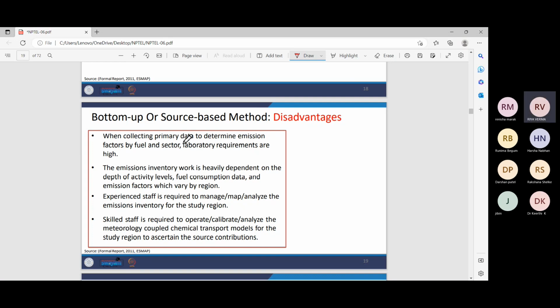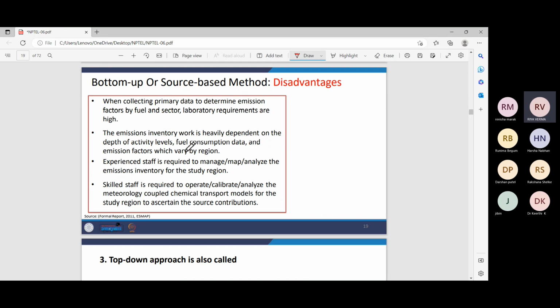So it is quite possible that the data that we generate is erroneous or has some errors. And then the staff that is required should be experienced to analyze or map the emission inventory for such a study region. So these are the disadvantages.